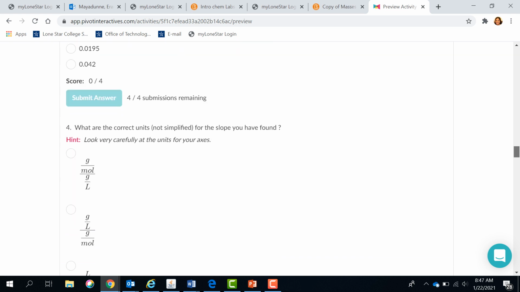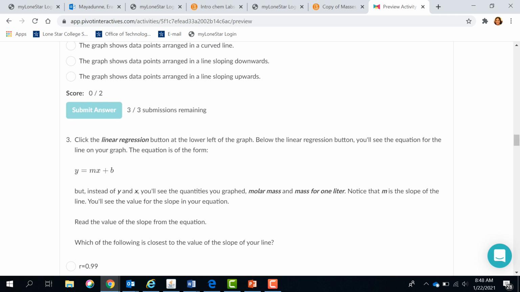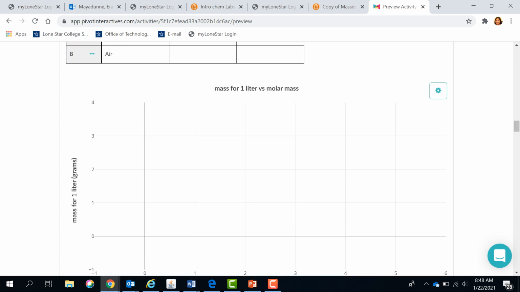So what do you think? M is y divided by x. See, this is the m. So what is my x-axis? What is my y-axis?